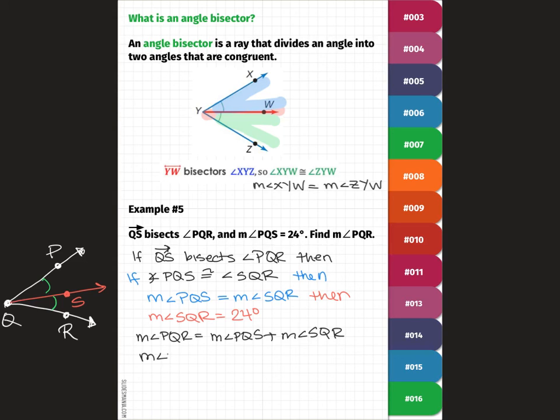So the measure of angle PQR is equal to 24 because they gave us that in the beginning, plus 24 because we figured that out here. So then the measure of angle PQR is equal to 48 degrees. Okay, and then I will leave it at that. So that's it for the first part about angles.